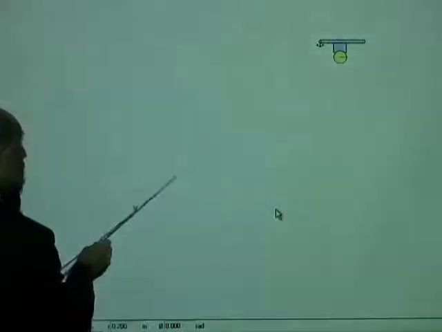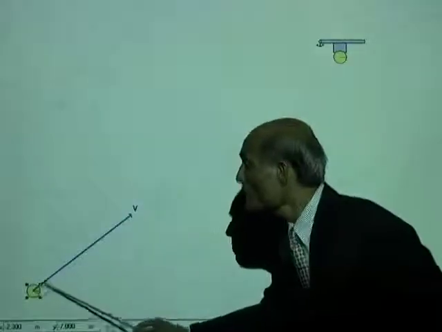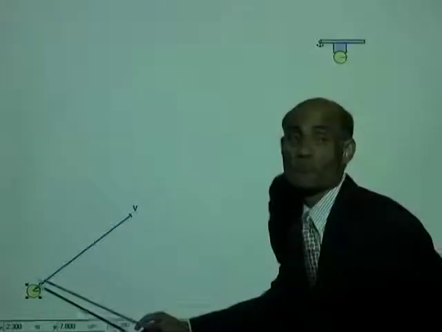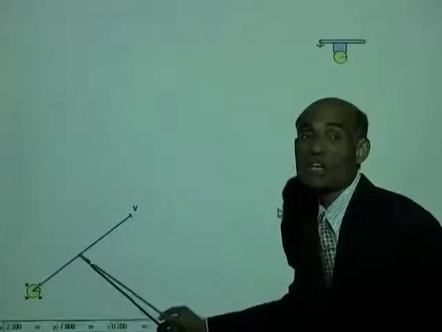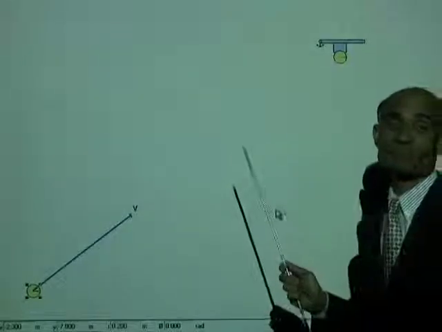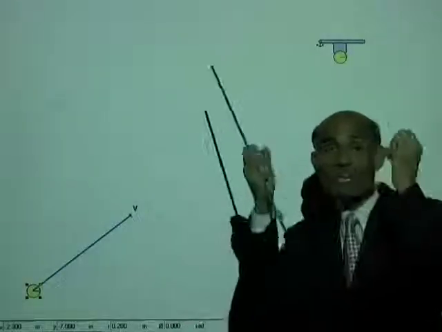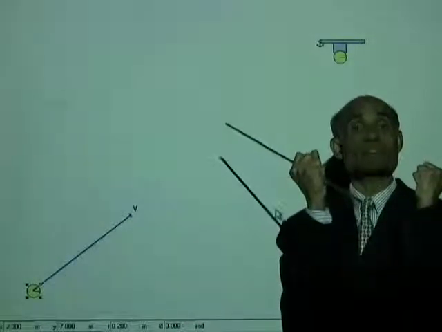Now, at the moment it is aimed directly at the monkey. Now, will the bullet hit the monkey? What do you think? At the moment the gun is aimed directly at the monkey, and the moment the bullet is fired, the monkey is going to let go from the branch.